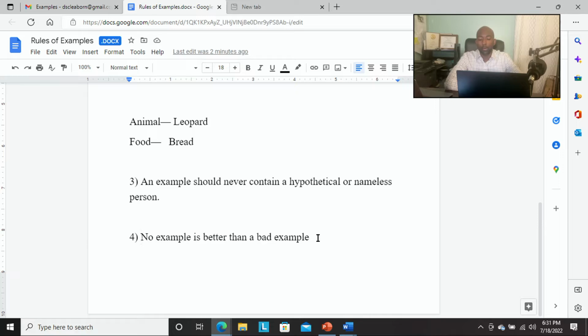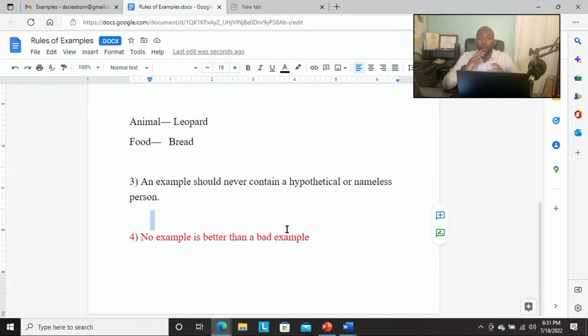And then rule number 4 is one that I figure students would like, which is that no example is better than a bad example. So often, if I just say this up front, it's better not to have an example at all than to have a bad one. Because I've seen a student write an excellent body paragraph with an excellent explanation and then ruin it with a bad example, and so you want to avoid that.